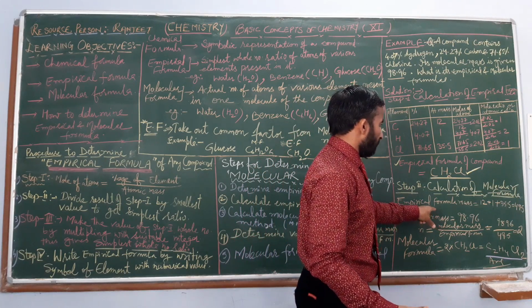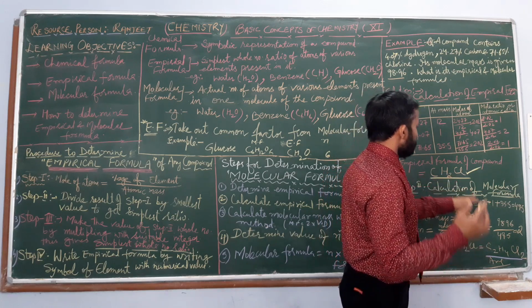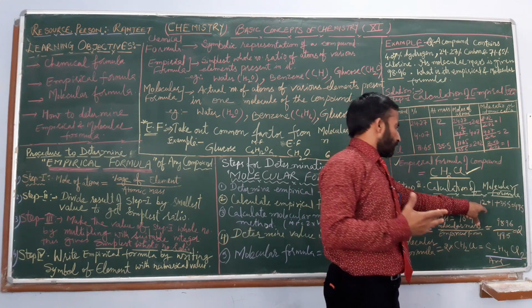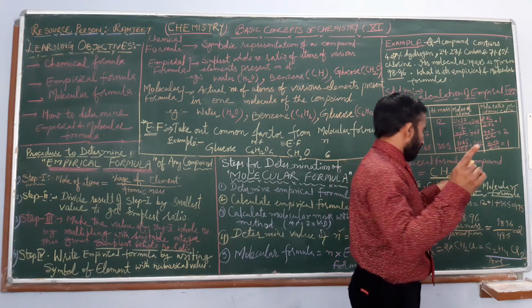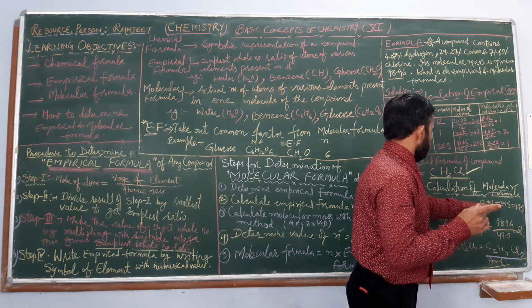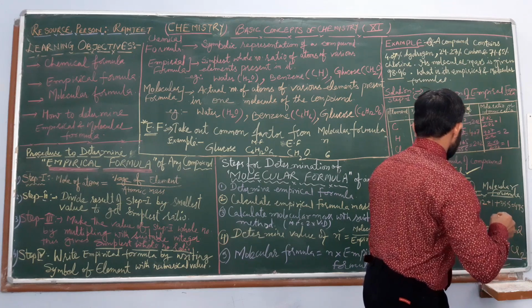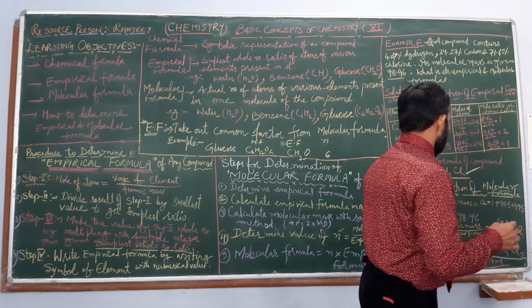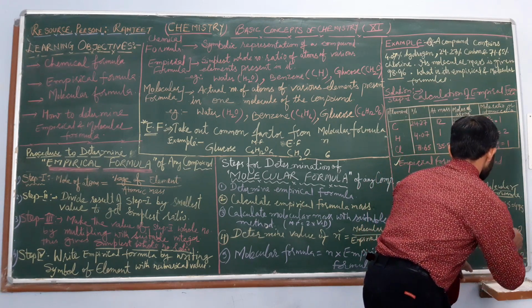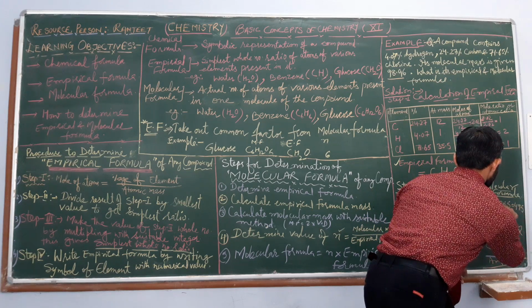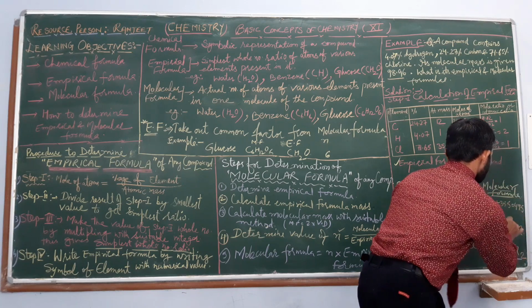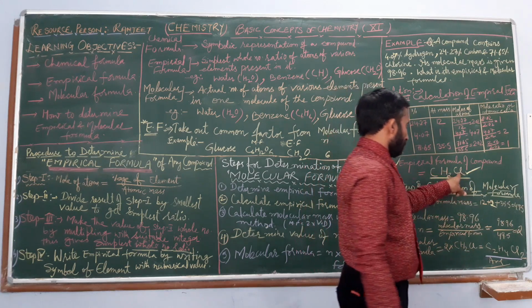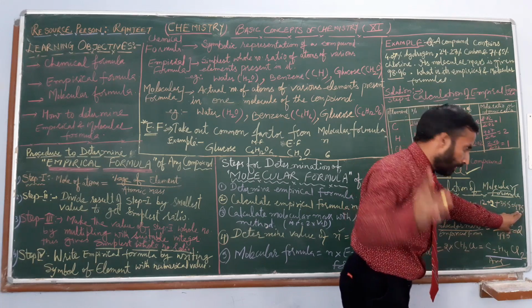The individual atomic masses of each element are added: 12 for carbon, 1 for hydrogen times 2, and 35.5 for chlorine. You get 49.5.